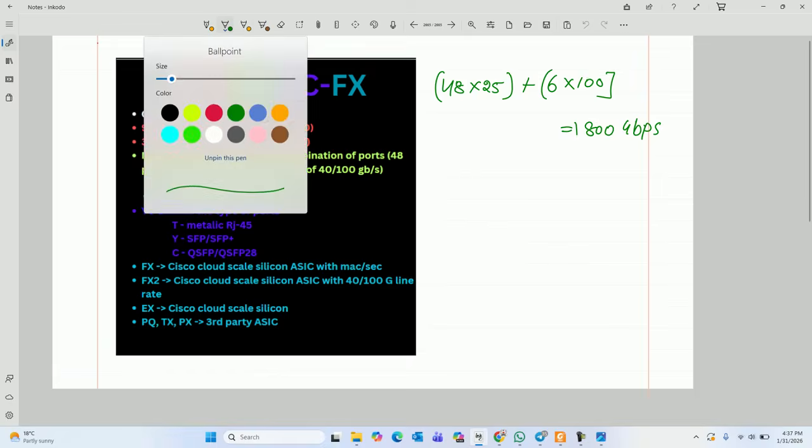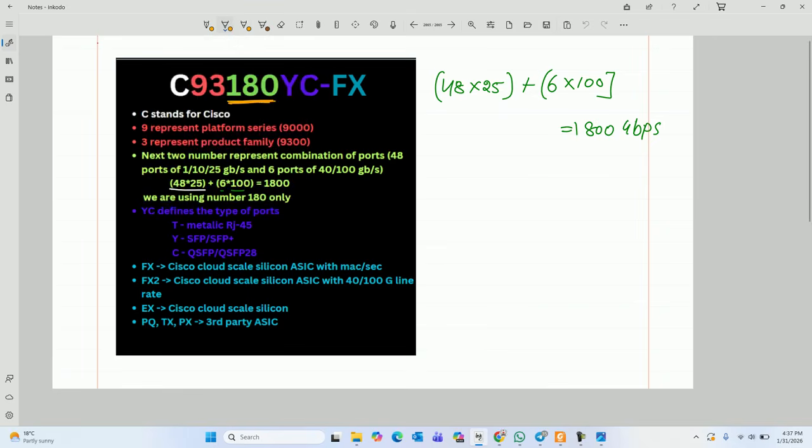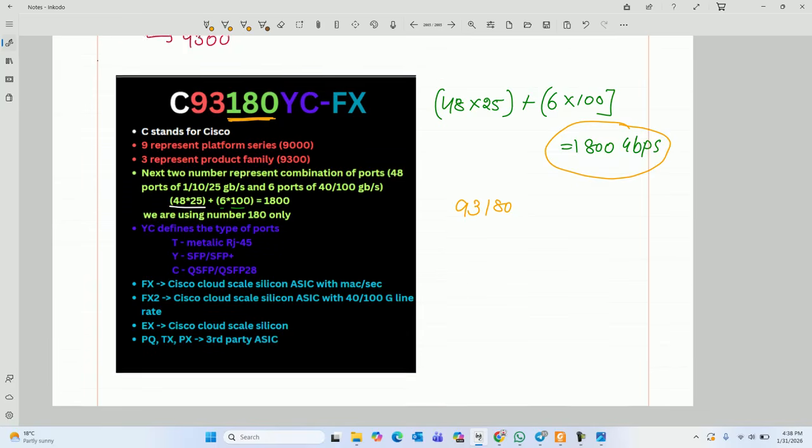It is trying to convey something else. 180 here means that the maximum bandwidth supported is 1800 Gbps. But we can't put it like 931800, so they simply made it 93180. That's what it means.